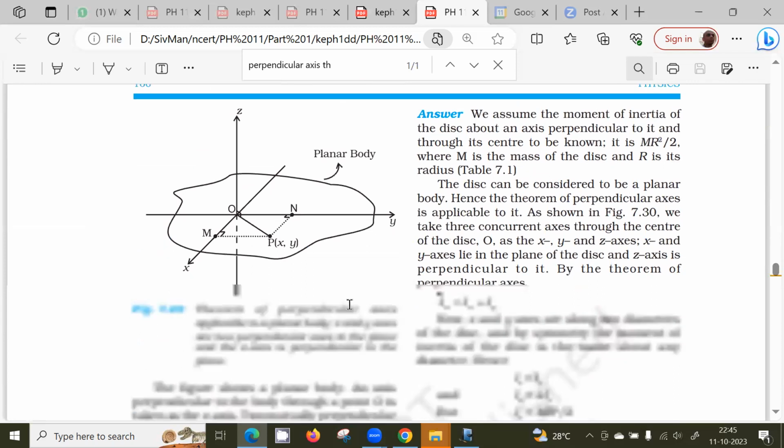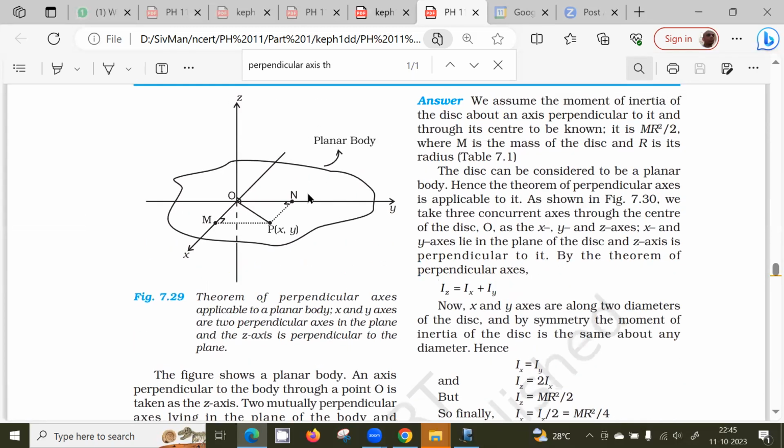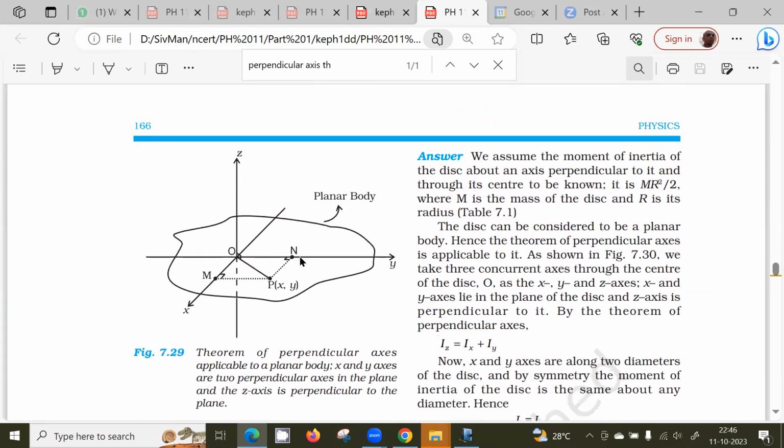This is a perpendicular axis. It is applicable for 2D bodies, like a disk in the XY plane. The body has to be flat in a single plane, the XY plane. Even if you bend this plate, the perpendicular axis theorem is not valid. It is valid only for a flat plate.